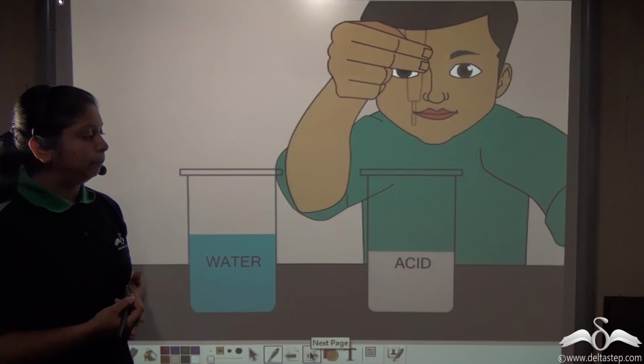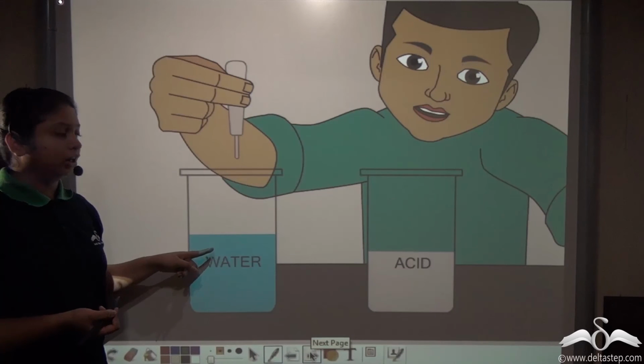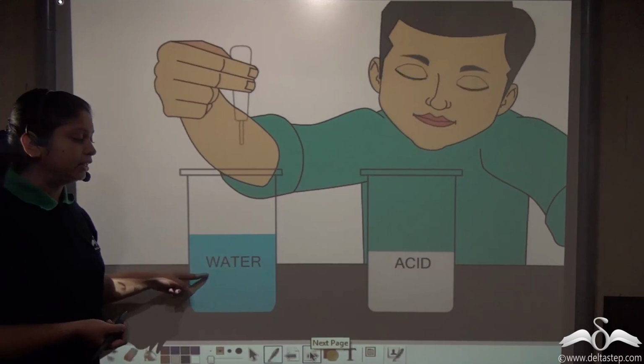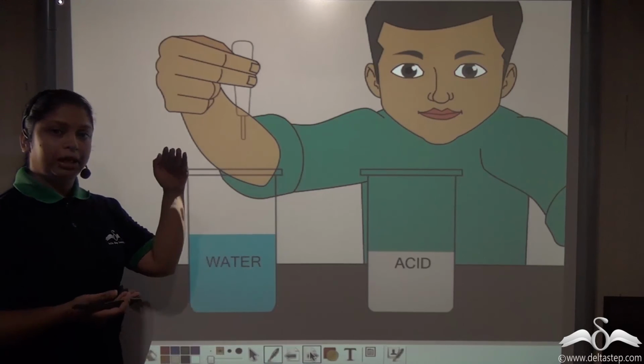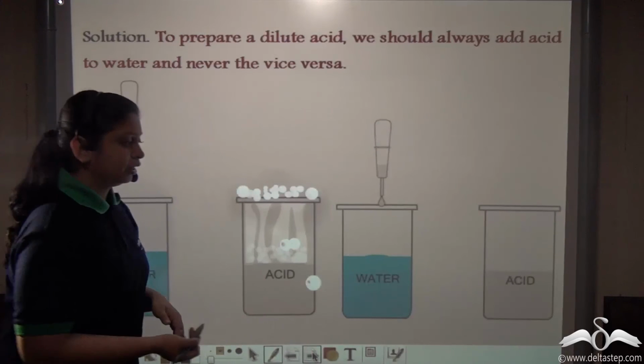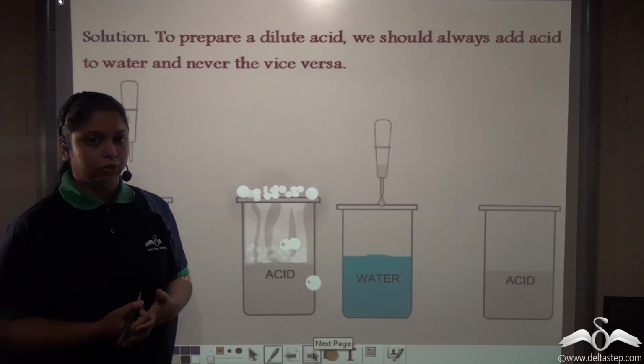Now let's see what happens when he adds acid into a beaker full of water. The acid solution nicely mixes with the water and makes a dilute acid solution. So that was the correct way of making a dilute solution.